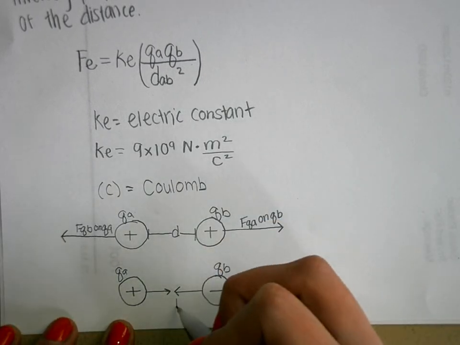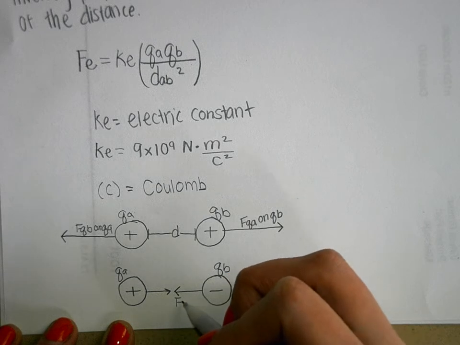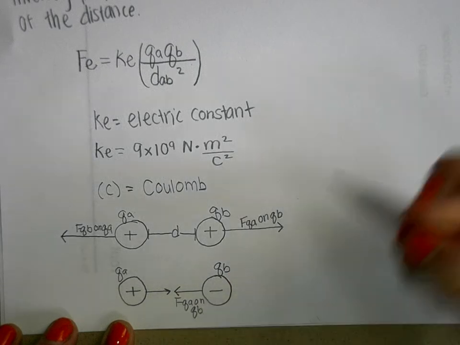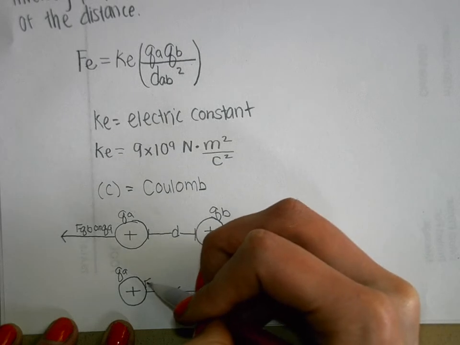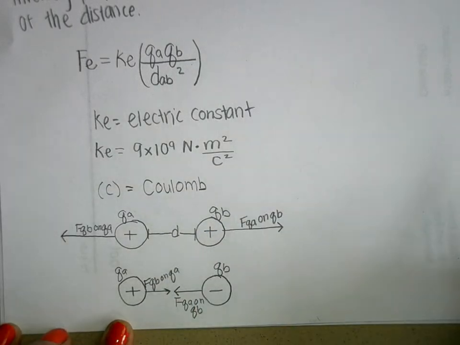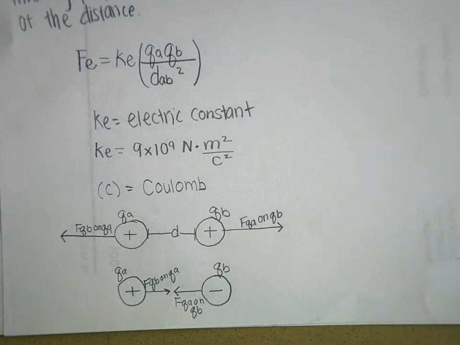So this is my force of charge A on charge B. And over here is my force of charge B on charge A. Because they're pulling each other, they're attracting, so they're pulling each other together.